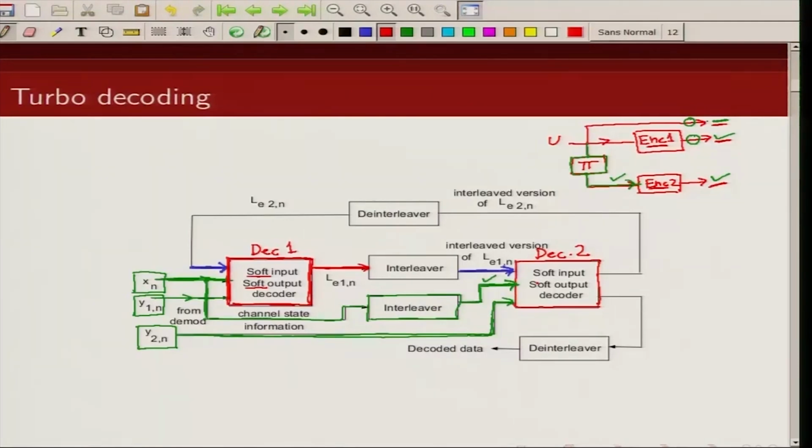There are two decoders who are working independently, but once one decoder decodes the information sequence, it passes some information to the other decoder saying, hey, I think the information bit is likely to be 0 with this probability and 1 with this probability.